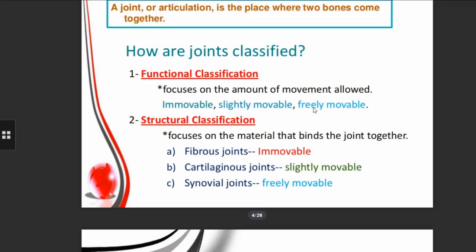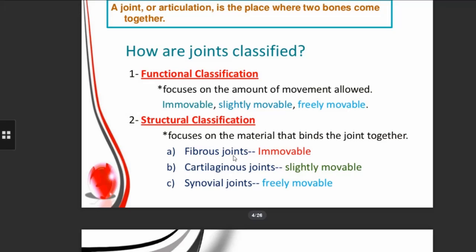Whereas in structural classification, we classify the joints on the basis of their structures, like which material is present that binds the joint together.